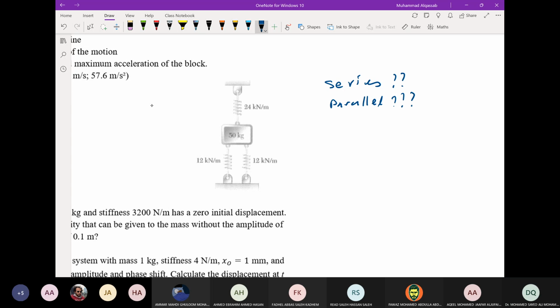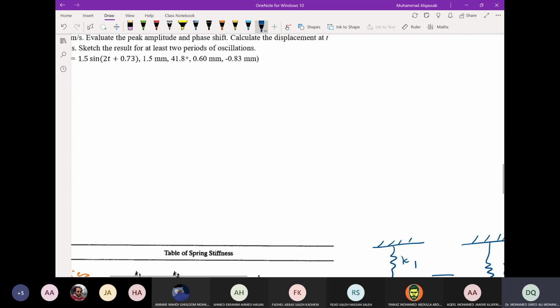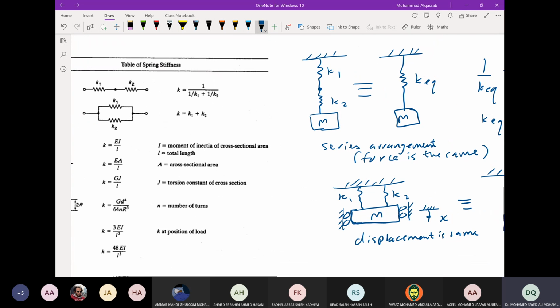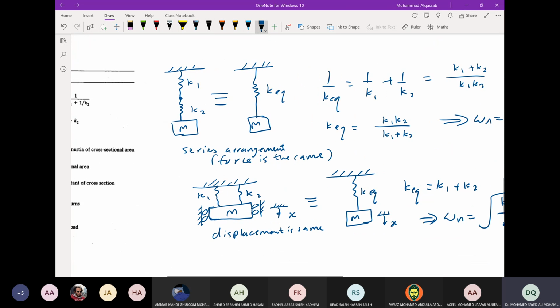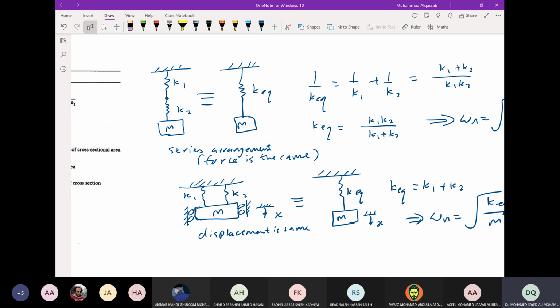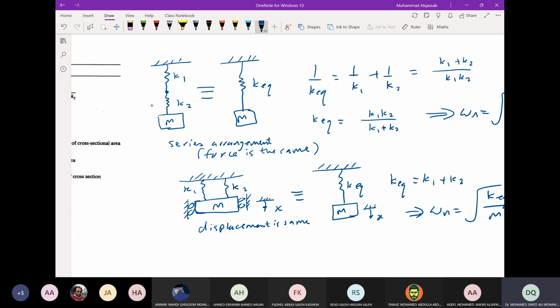We have 3 springs. If you paid attention to what I said, for series the force is the same on each spring, and for parallel the displacement is the same.